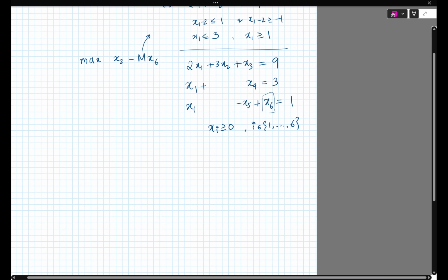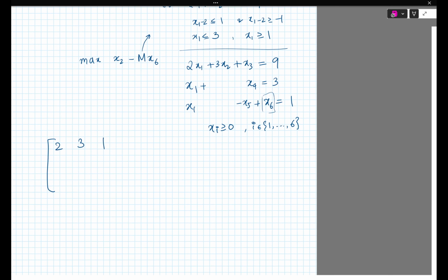So if we don't have x6, then our matrix will be 2 3 1 1 0, with x1 x2 x3 x4 x5. Let's add x6.